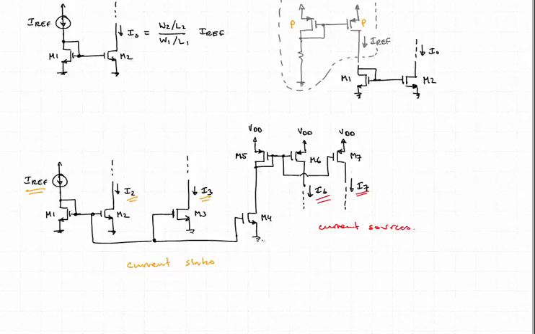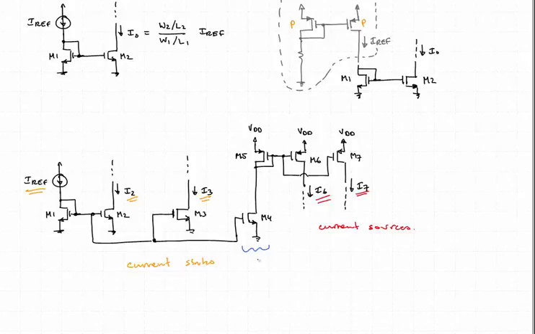And notice that this stage right here is for level shifting, or referencing, going from a ground referenced current source to a supply referenced current source.